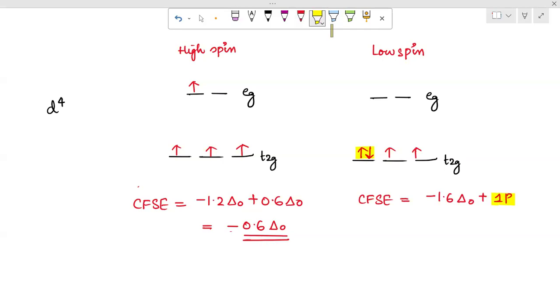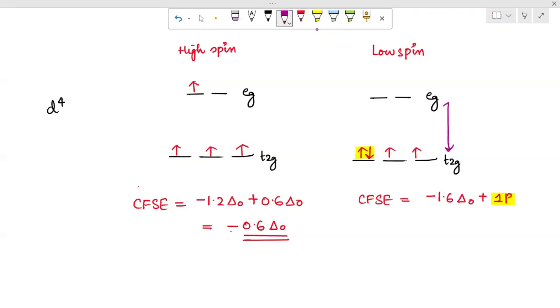See, it requires a minimum amount of energy for the electrons to get paired. Because electrons are occupying the same orbital, electron-electron repulsions would happen. As a result, you need to give some amount of energy so that these two electrons can occupy the same orbital.